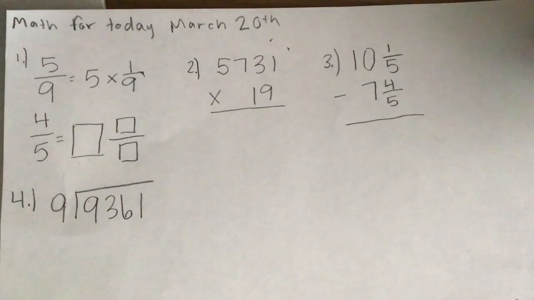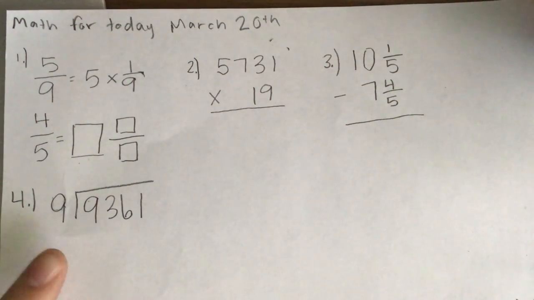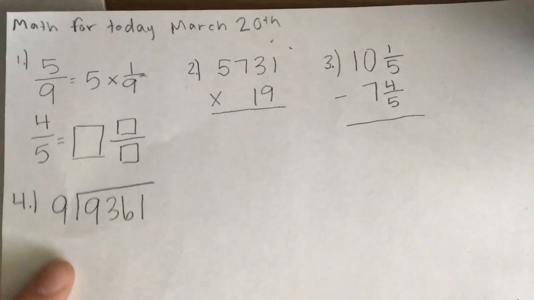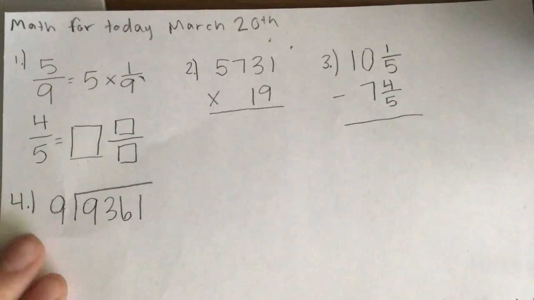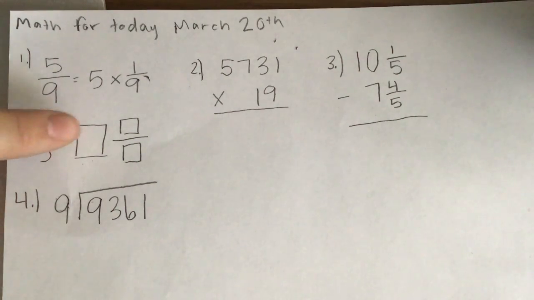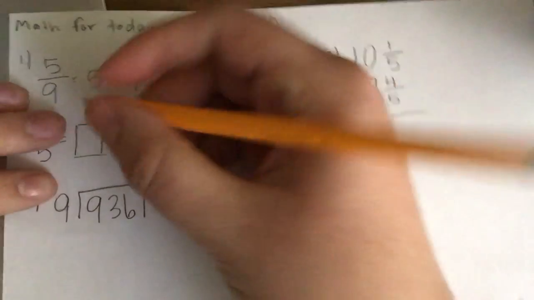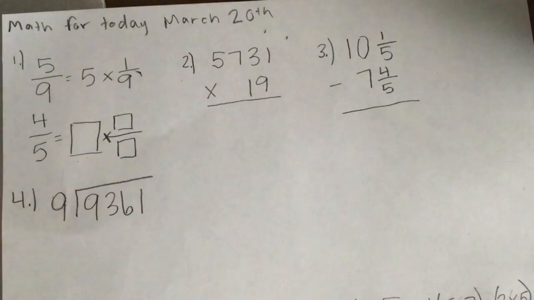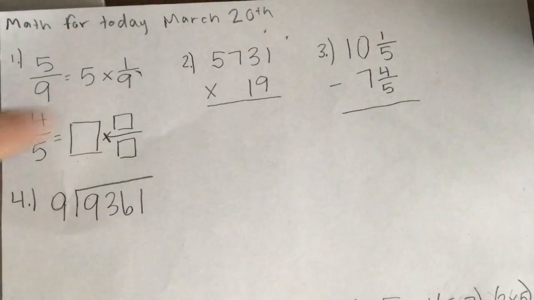Okay, let's go ahead and I'm just going to go over this, and I want you to, if you're going to do this with me, go ahead and pause the video and then write down these four. Number 1: 5/9 equals 5 times 1/9. And then what would 4/5 equal? Blank times blank blank. Forgot the times symbol there.